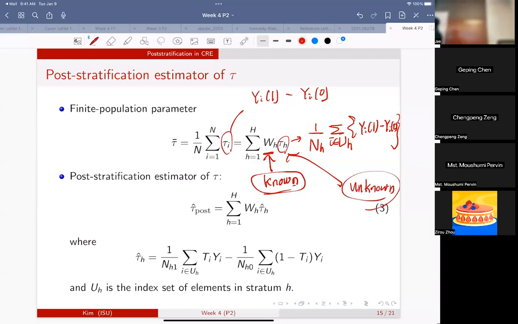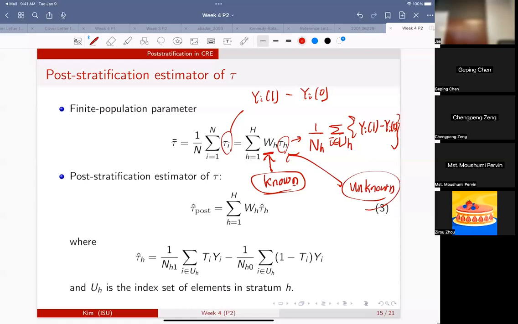So we leave W_h alone, right? We know that, so we don't have to worry about it. But we never really observe this tau_h because of the potential outcome framework. It's a fundamental missing data problem.